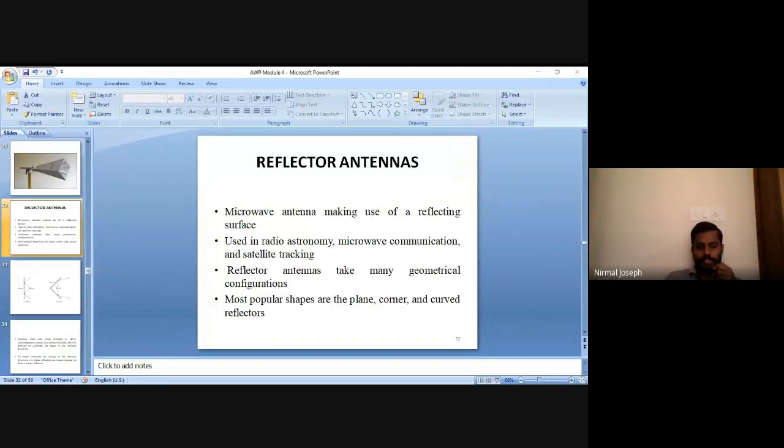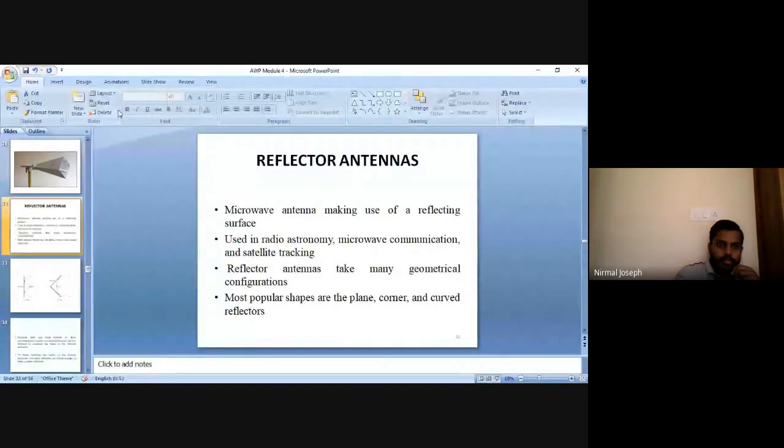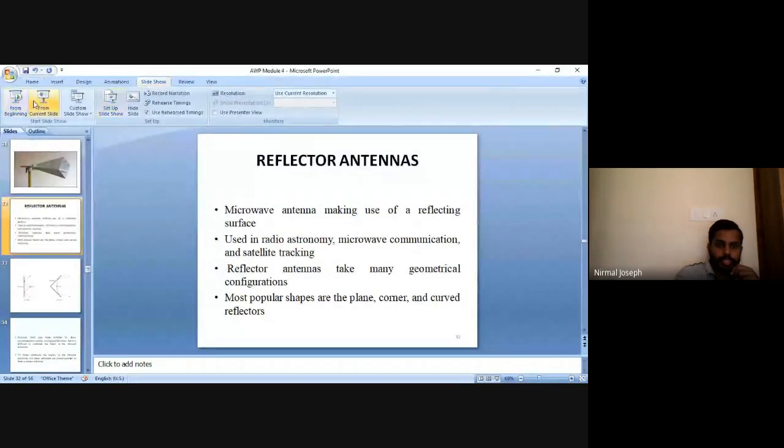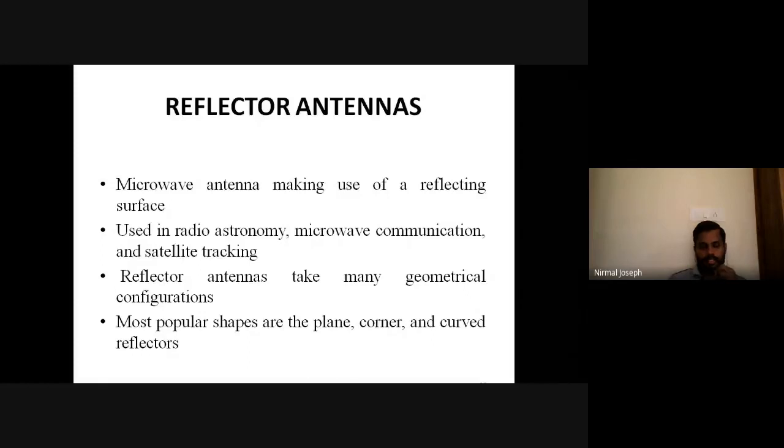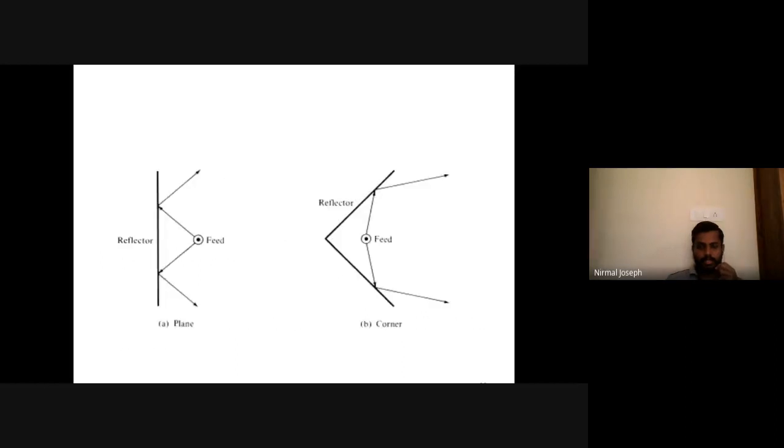Yesterday we saw these slides and discussed the plane reflector and corner reflector. The feed is the source, and from the feed rays are coming and getting reflected by the reflecting surface.